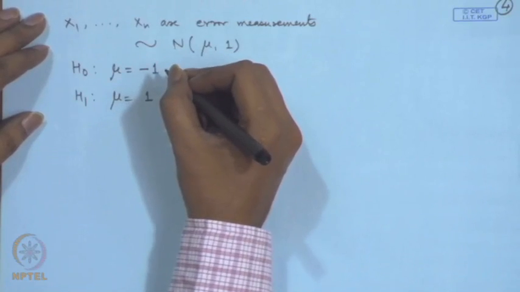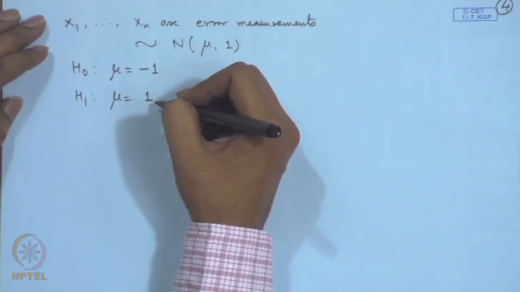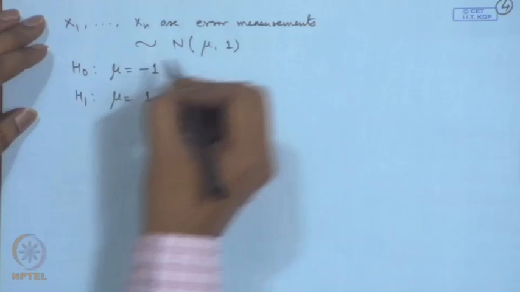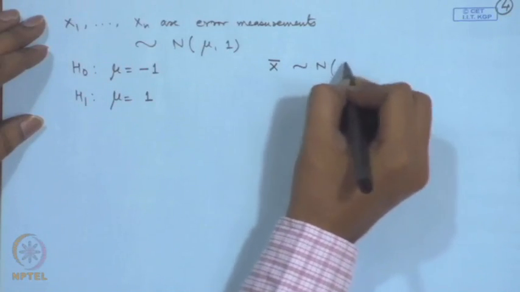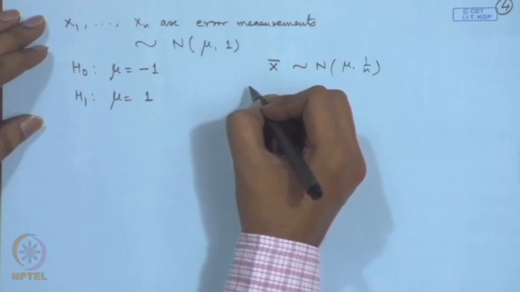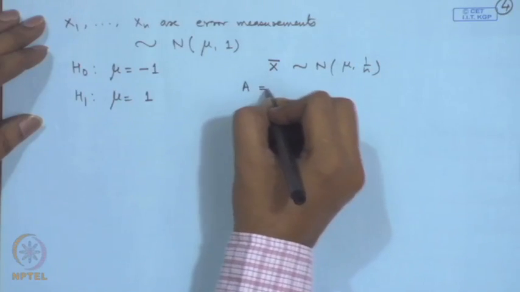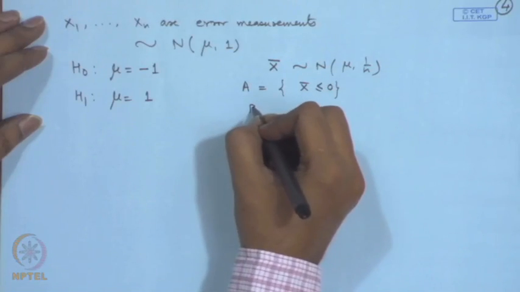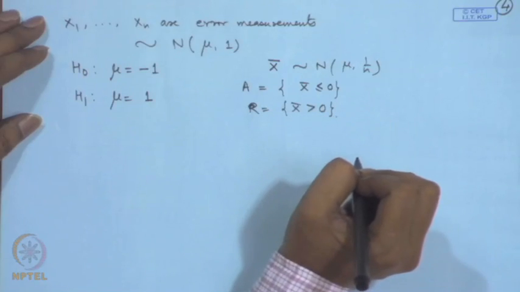It is something like saying whether the scales are weighing negatively or positively. Here we can consider x bar follows normal mu 1 by n. We can make a decision based on x bar. So, we give the acceptance region as x bar less than or equal to 0 and the rejection region as x bar greater than 0.